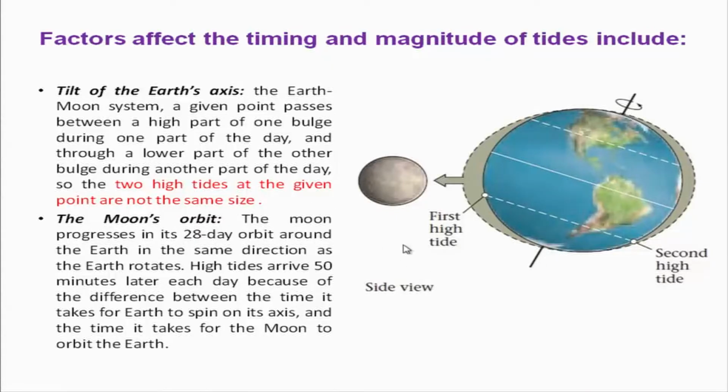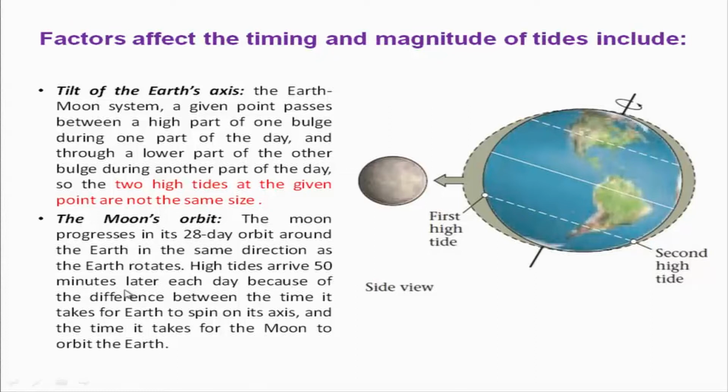So the height of the waves will vary. So you need to keep in mind this part, that wave heights are not the same at each and every location on the earth, that is along the coastal lines. So the moon progresses in its 28-day orbit around the earth in the same direction as the earth rotates. So the rotation is in the same direction.